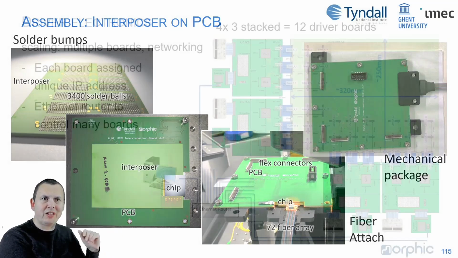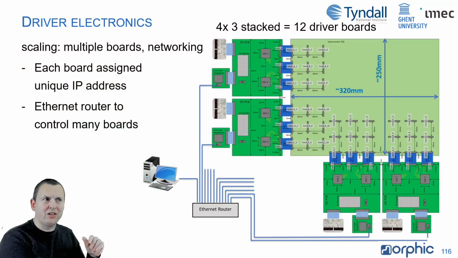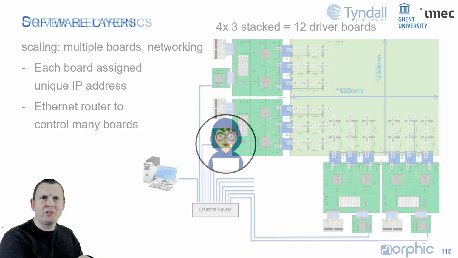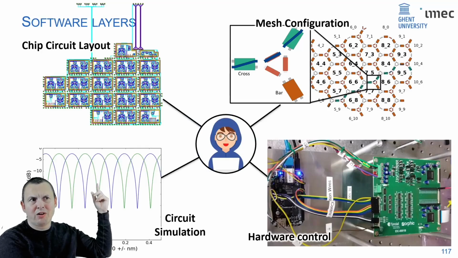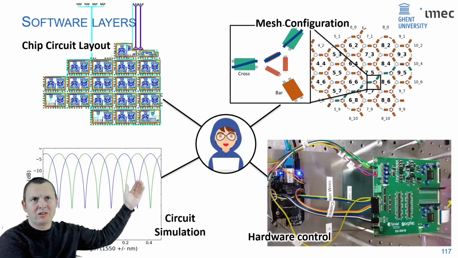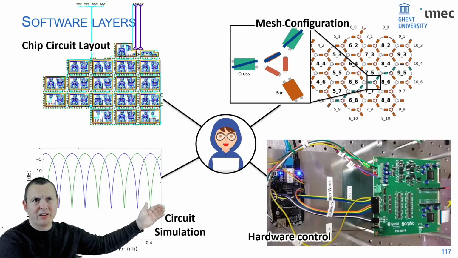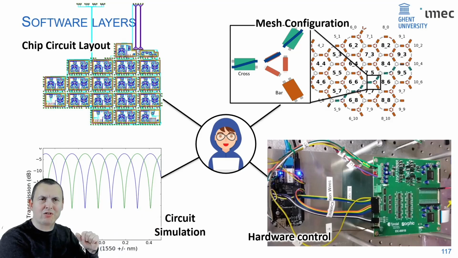Now, of course, then you still need the electronics, so that means that you need to interface your photonics on the printed circuit board with driver electronics. The more electro-optic elements you're using, the more driver electronics you need, and the more complex your software becomes. So we've built, to support these programmable photonics, also the software framework that matches the circuit layout with the circuit models, with the circuit configuration routines, and access to the driver electronics, all from a single central software interface.